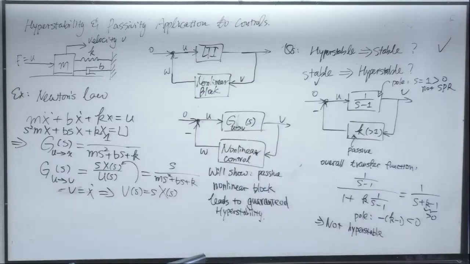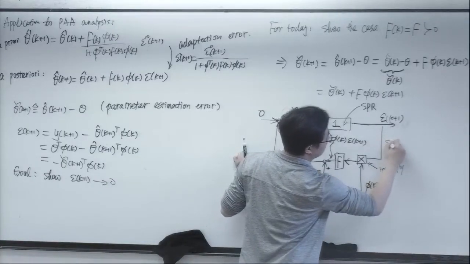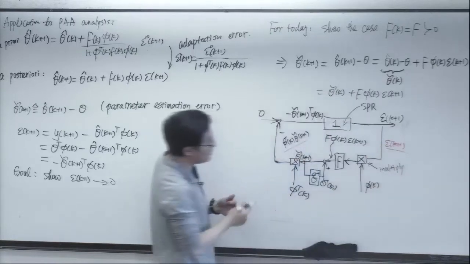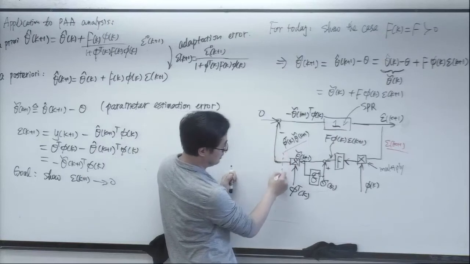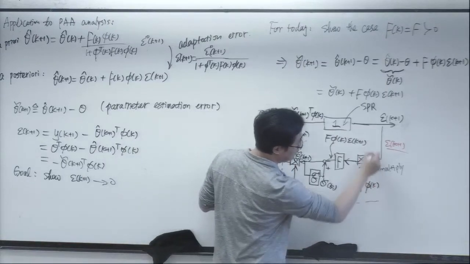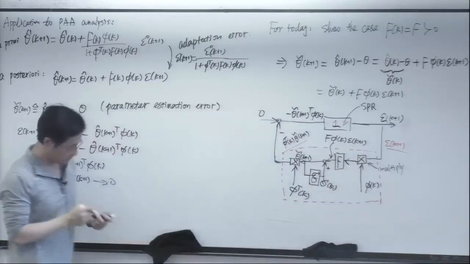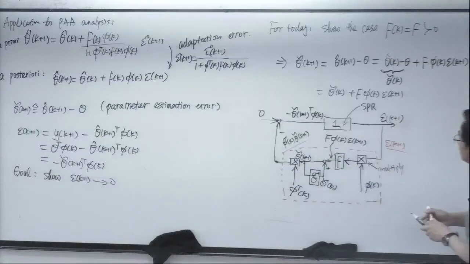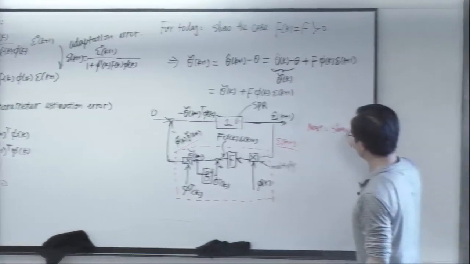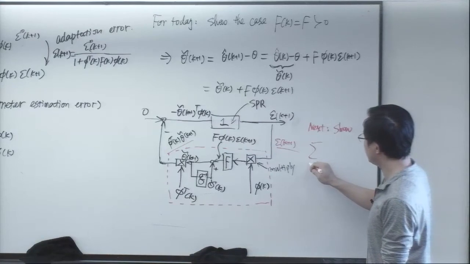To show the Popov inequality, we need to consider the input and the output to this whole block. All right? So we need to show this is a discrete time system, so we need to use the discrete time Popov inequality.